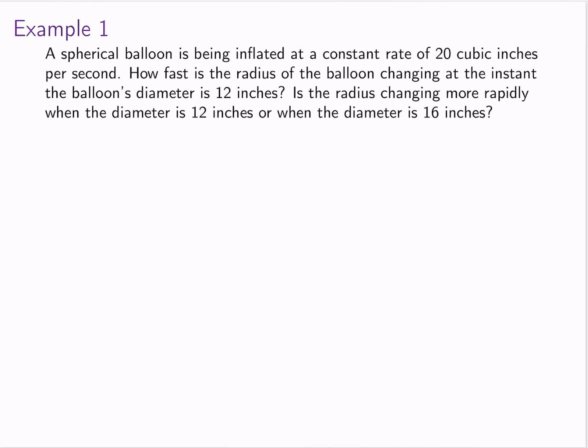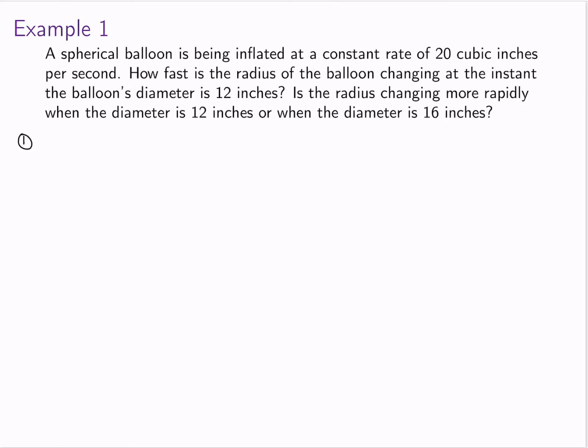Example 1: we have a spherical balloon that is being inflated at a constant rate of 20 cubic inches per second. We want to know how fast is the radius of the balloon changing at the instant the balloon's diameter is 12 inches. And then a follow-up question: is the radius changing more rapidly when the diameter is 12 inches or when the diameter is 16 inches? So we'll get started by drawing a picture to visualize what's happening.